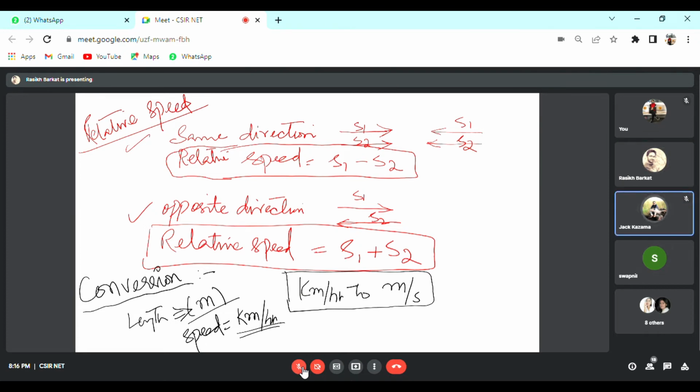So how will you convert? Remember that if you are converting kilometer per hour to meter per second, multiply by 5/18.